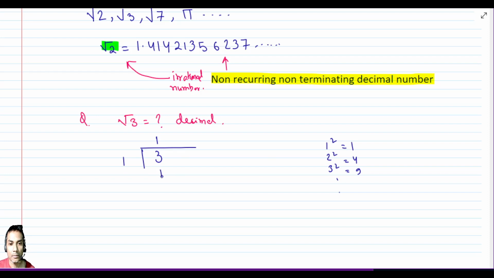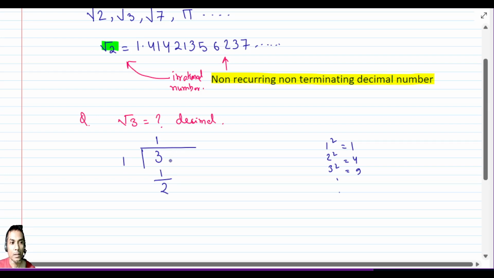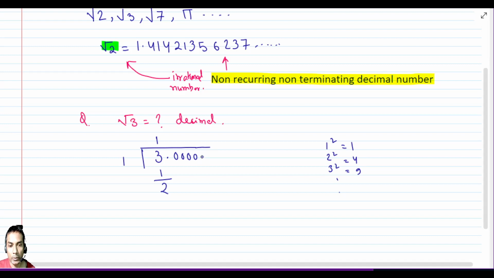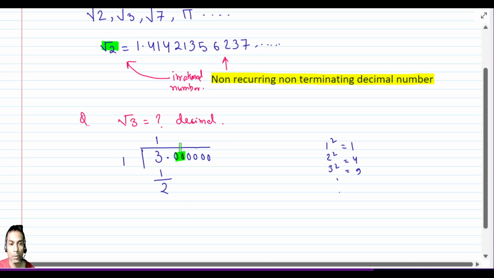First you can arrange as many digits as you need after the decimal; you just put double 0. Suppose you need 3 digits after the decimal, you put 6 zeros. Then every time you drop two 0s here.